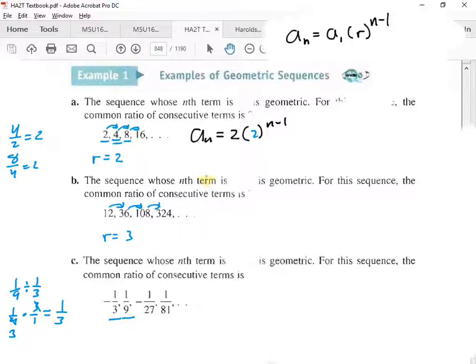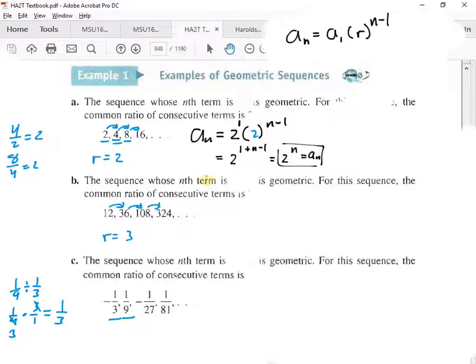Why does magic have to happen? Because this base is the same as this base. And if you have 2 bases that are the same, you can multiply them together and do something special with their exponents. What do we get? We get 2 raised to the 1 plus n minus 1, which equals 2 raised to the n. This is our nth term for this sequence.